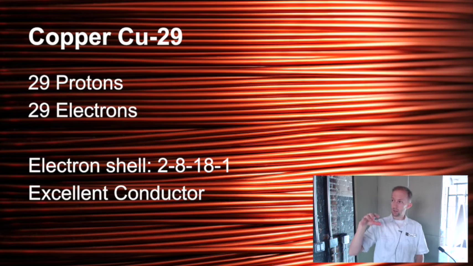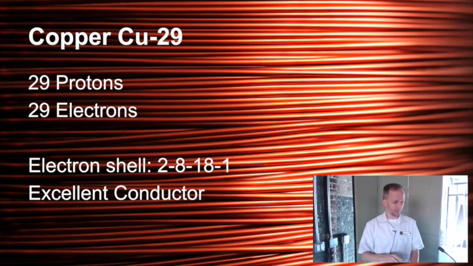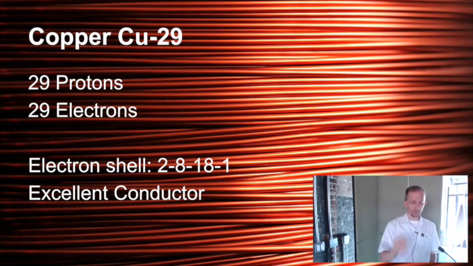The second shell, which can accept a max of 8, has 8 in it. The third shell accepts a max of 18, and it has all 18 in it. So all 3 of those first shells of copper are fully populated with electrons. The last outer shell only has 1. And because there's only 1 in that 4th shell, it can just jump around very easily and become detached. Now, this is actually pretty common in most metals, but in copper especially so.